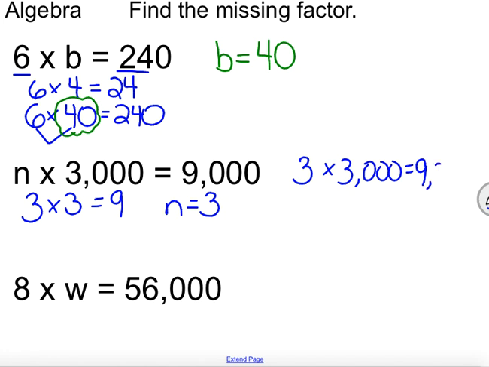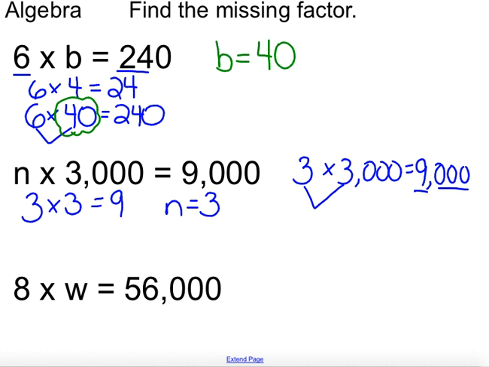And I make sure that it is truly equal, right? So 3 times 3 is 9. And then I have 3 zeros, 3 zeros. So yes, n equals 3 is correct.